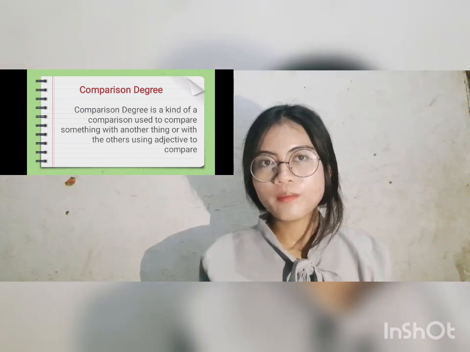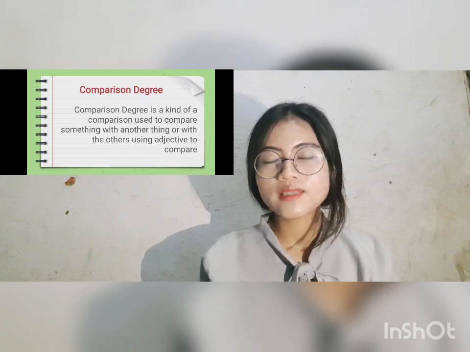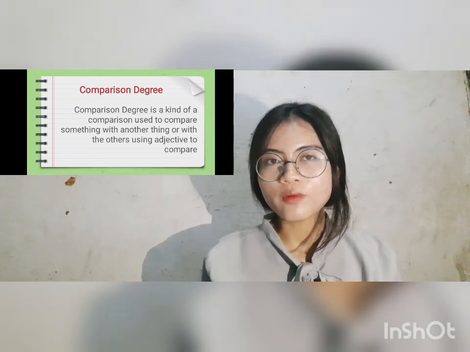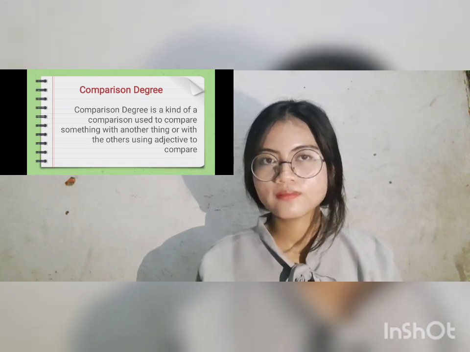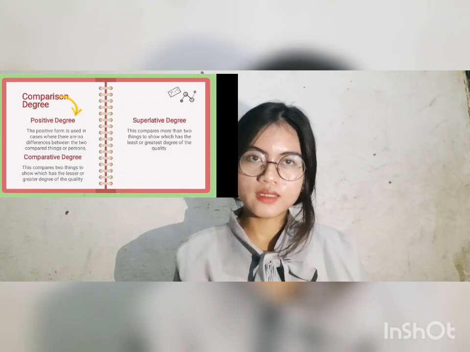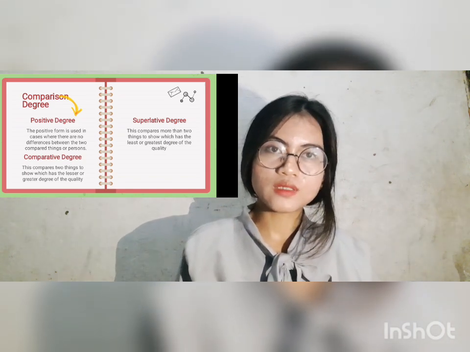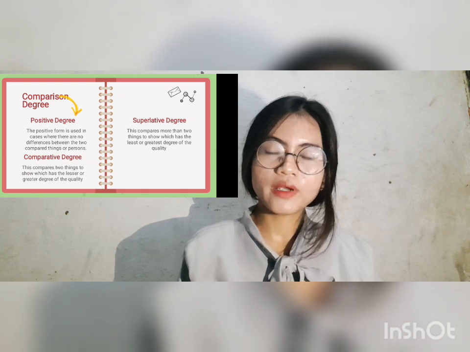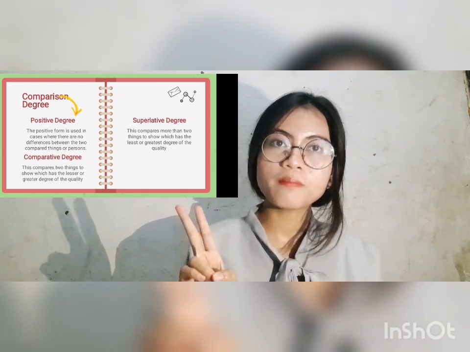Comparison degree is a kind of comparison used to compare something with another thing or with the others using adjectives to compare. First, positive degree. The positive form is used in cases where there are no differences between the two compared things or persons.